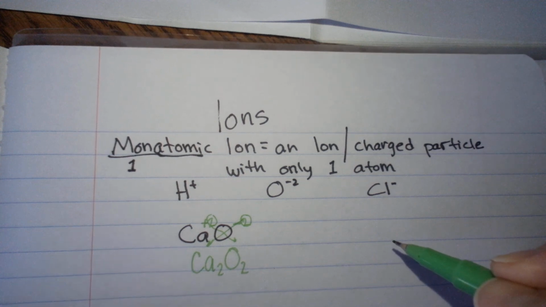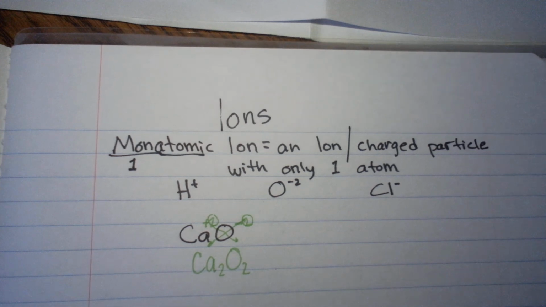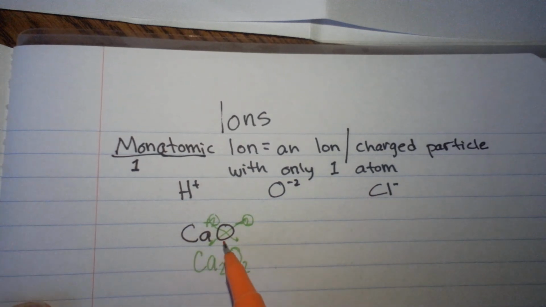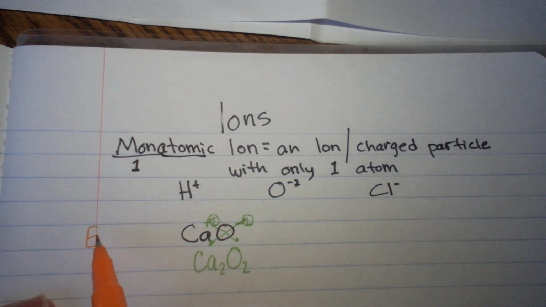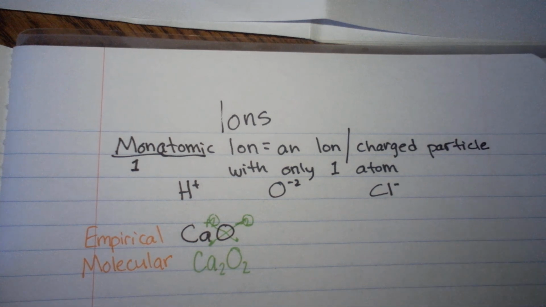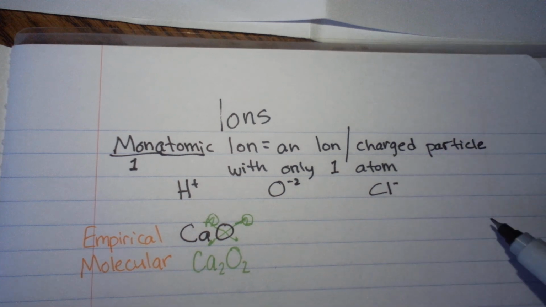Just as a review, I don't think that we put that in a video yet. We know that the reduced version is called the empirical formula, and the not reduced version, or the way it actually exists in nature, is called the molecular version of the formula.